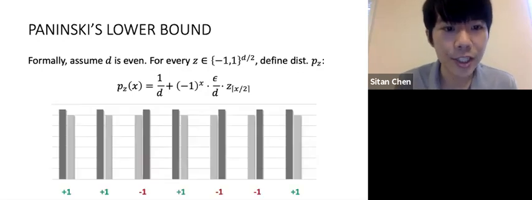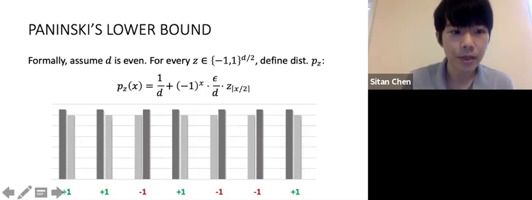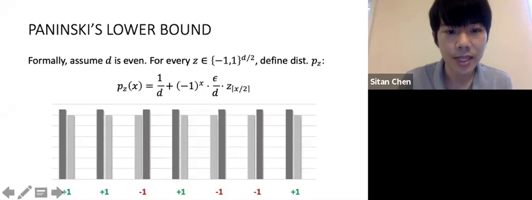So here we see a histogram for one such P sub z, where the z is given on the bottom. Basically the construction says that for a particular index i, if z_i is +1, we make the first bar in the bucket bigger than the second, or vice versa. Okay, so this is the famous Paninski distribution.